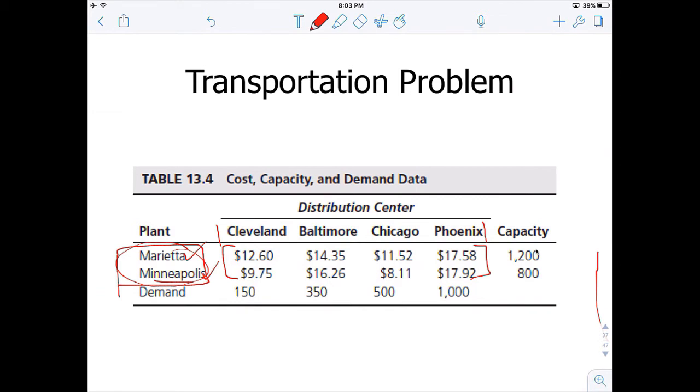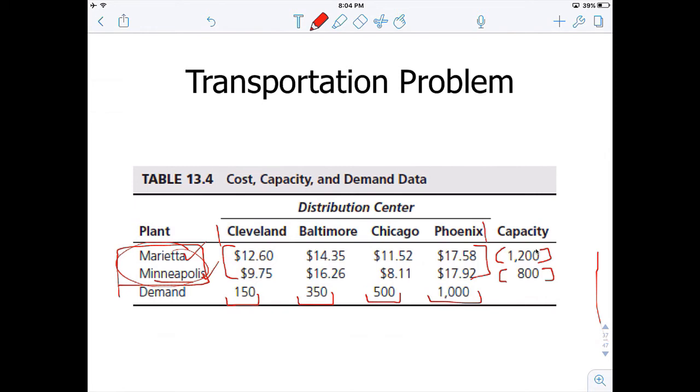For Marietta, your capacity is limited: you can ship at most 1,200 units of that product. From Minneapolis, your capacity is a lot less, 800 units. Cleveland requires 150, Baltimore requires 350, Chicago requires 500, and Phoenix requires 1,000 units.